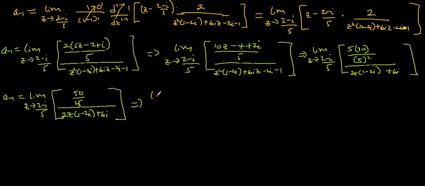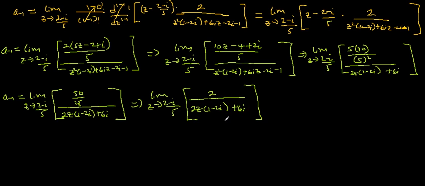So we are going to have limit as z tends to 2 minus i divided by 5 into 50 divided by 25. We are going to have 2 divided by 2z into 1 minus 2i plus 6i.